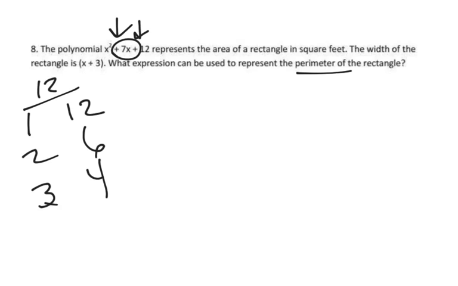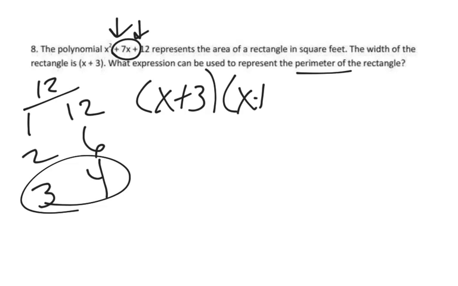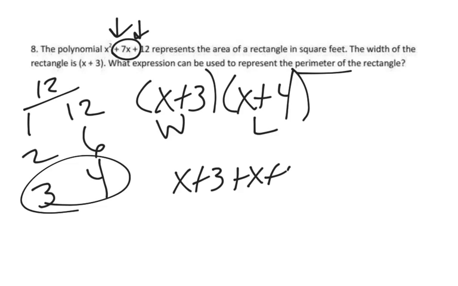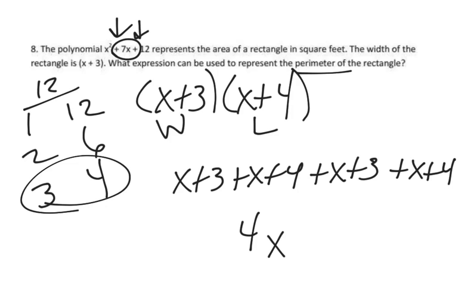They have to equal 7. So it's x plus 3 and x plus 4. So this is my width and this is my length. To find the perimeter, you're going to add them up. x plus 3 plus x plus 4 plus x plus 3 plus x plus 4. 4x plus 14.